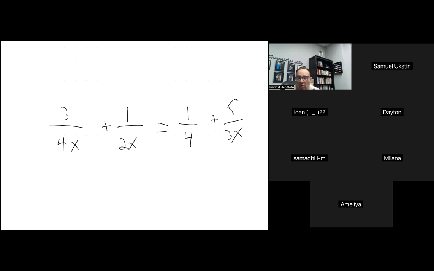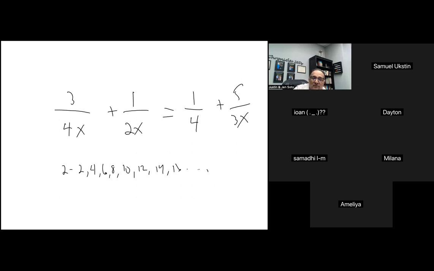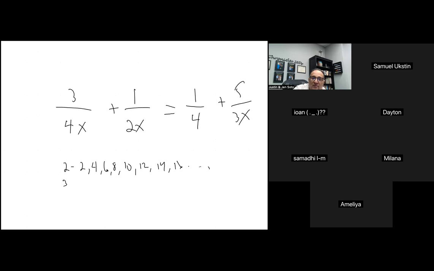The least common multiple. Okay, let me just go back to the 5th grade. The multiples of 2 are 2, 4, 6, 8, 10, 12, 14, 16, and so on and so forth. Okay. The multiples of 3 are 3 times 1 is 3. 3 times 2 is 6. 3 times 3 is 9. 3 times 4 is 12. 3 times 5 is 15.